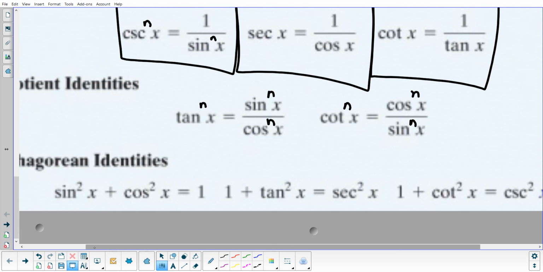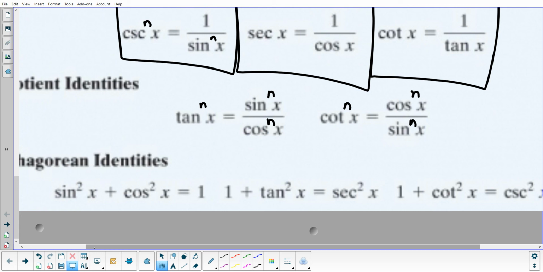So the first Pythagorean identity is sine squared plus cosine squared equals 1. The second one is 1 plus tangent squared equals secant squared. And the third one is 1 plus cotangent squared equals cosecant squared.